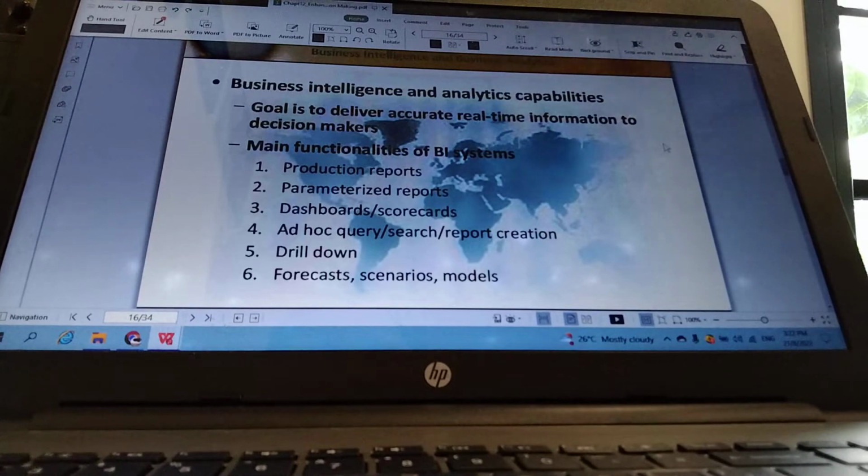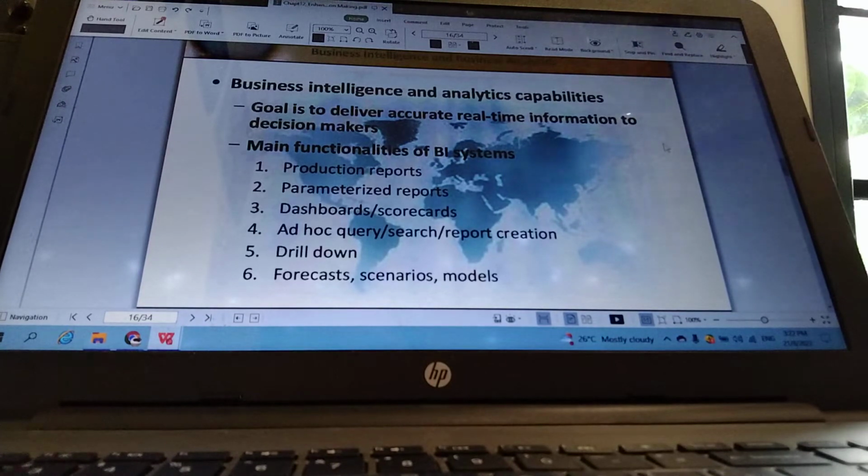Sometimes we call it a scorecard, where all the required, important information will be grouped together in one place, which is quite popularly known as a dashboard or scorecard for the top management, to have a quick summary, quick information, quick knowledge as output from the system.